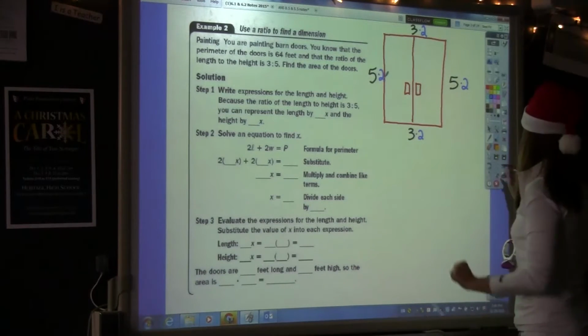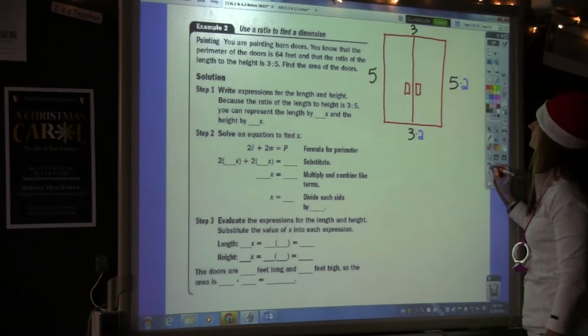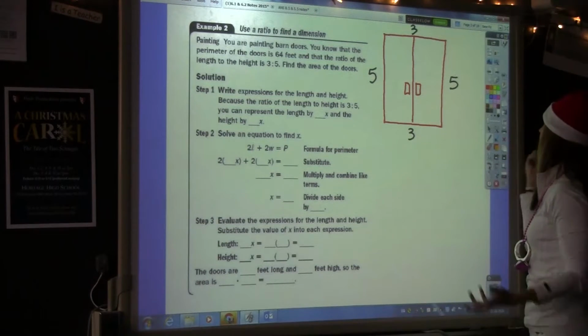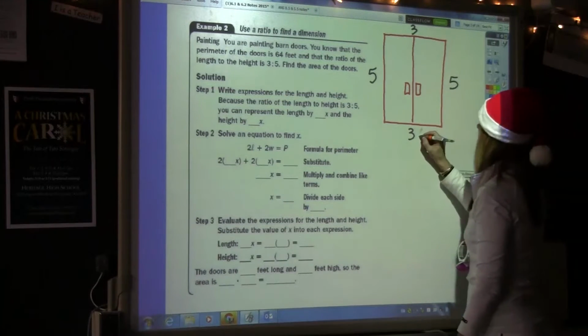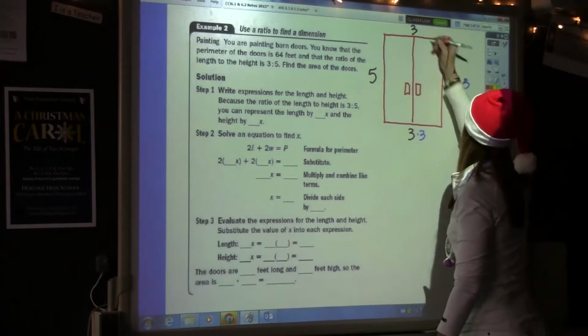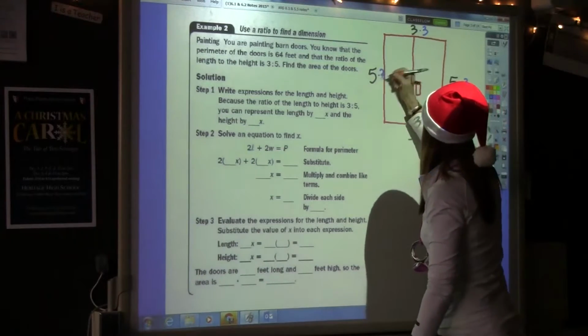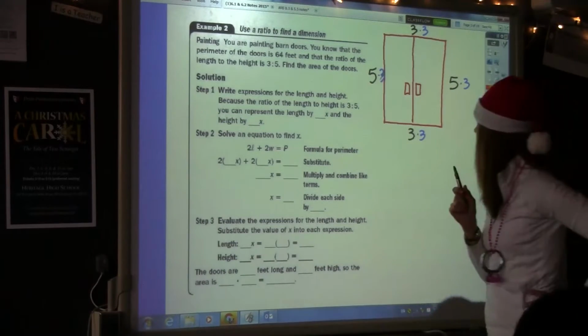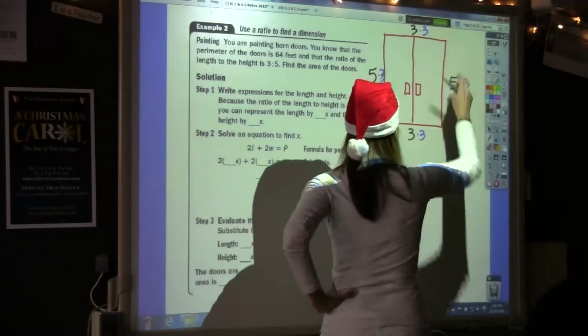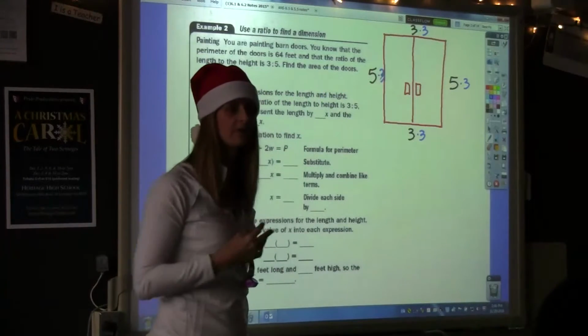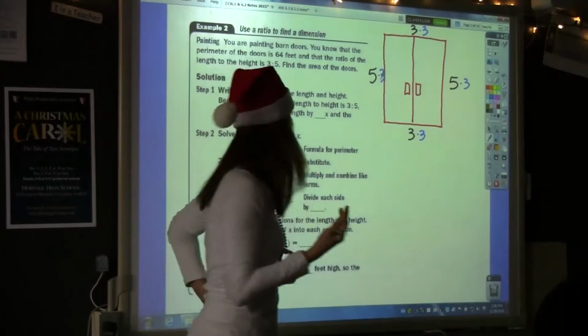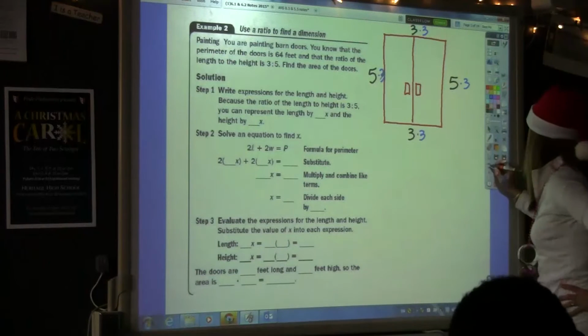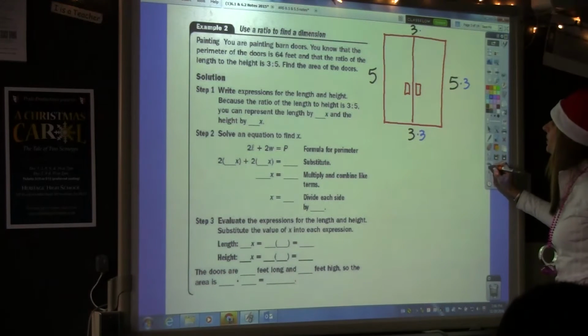Okay, so it's not 2. Well, we could try 3. What if we multiplied all these numbers by 3? Would we get 64 for the perimeter? This would be 9, that'd be 15, it'd still be the same ratio, 3 to 5. 48. Okay, so we could sit here and try to guess, but we don't necessarily know it's going to be a whole number.